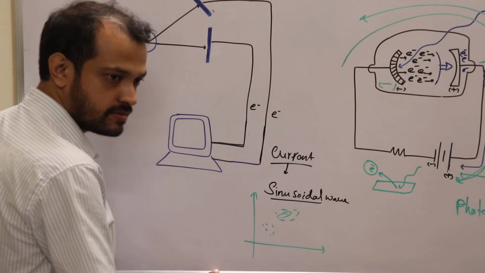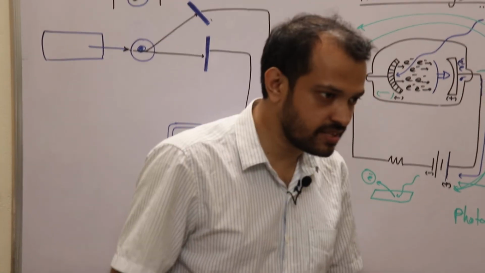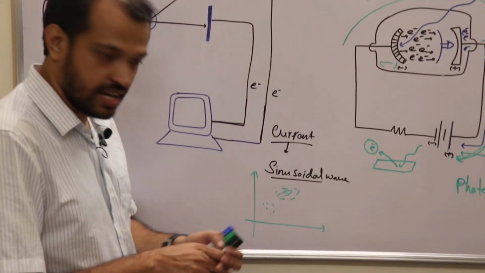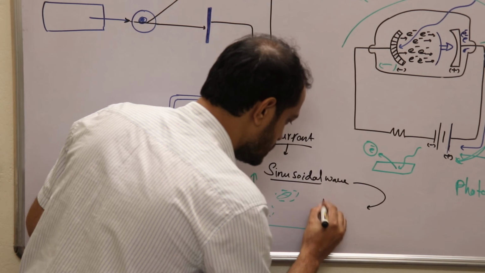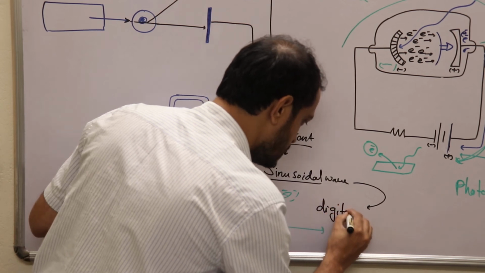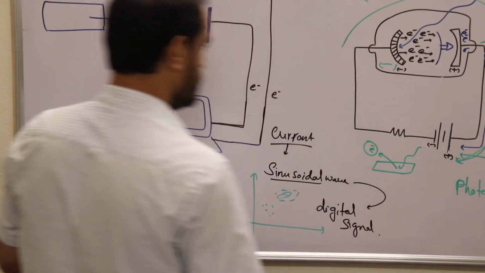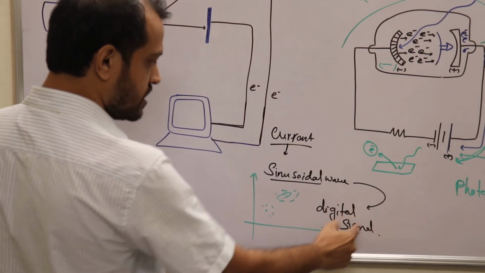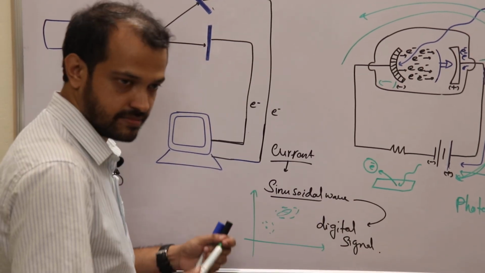Graph is what? A digital thing. That means this sinusoidal wave has been converted to a digital signal, and this is done by ADC.